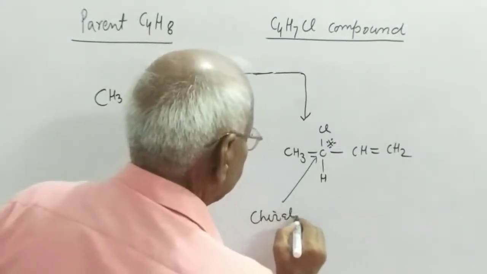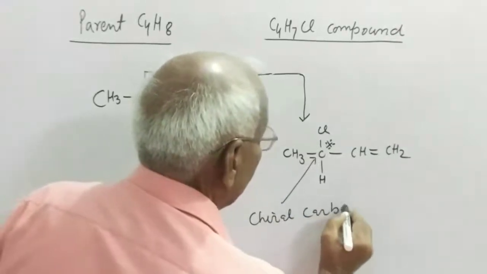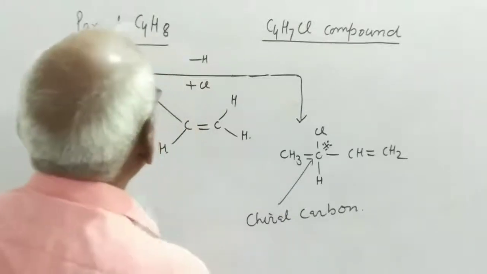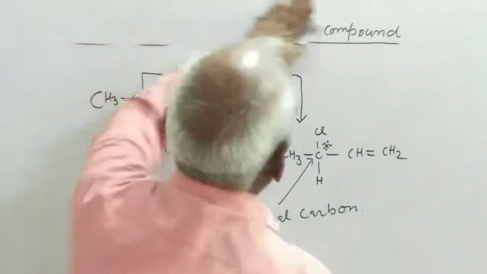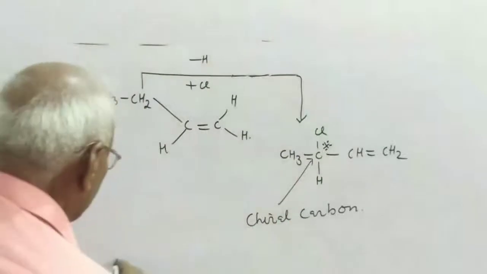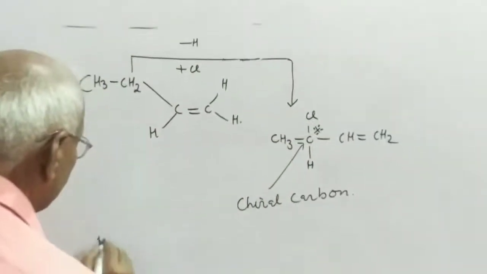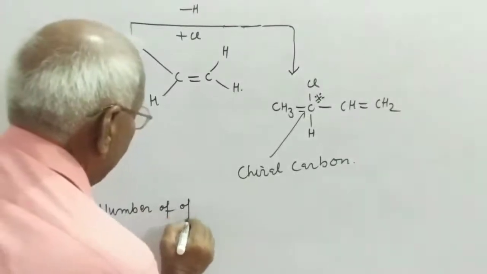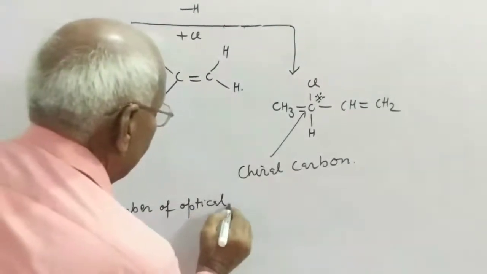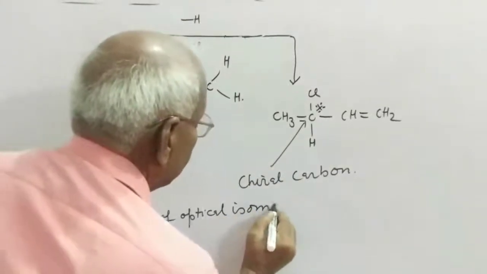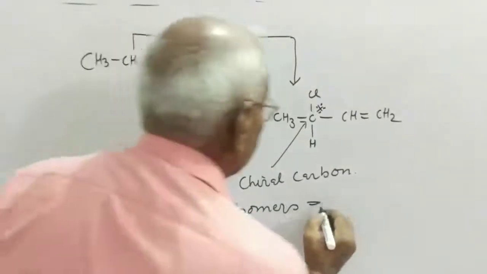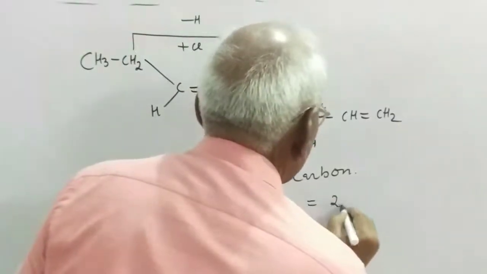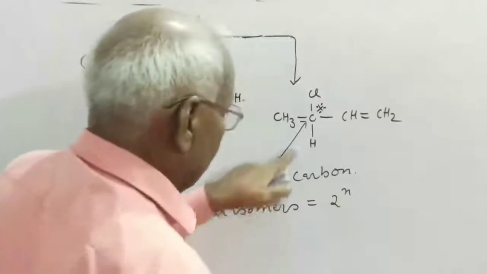Chiral carbon. So it will show optical isomers. The number of optical isomers is equal to 2 to the power n, where n is the number of chiral carbons.